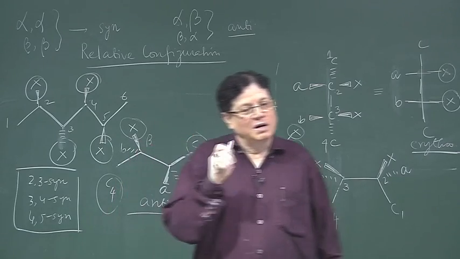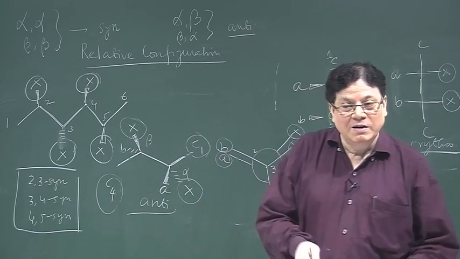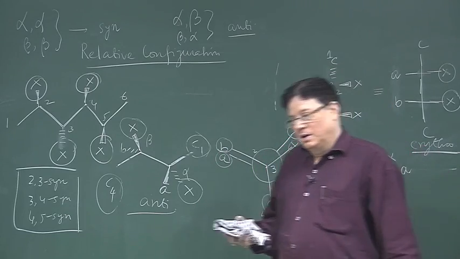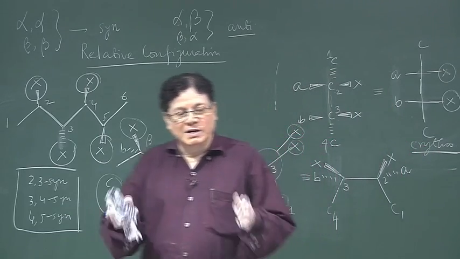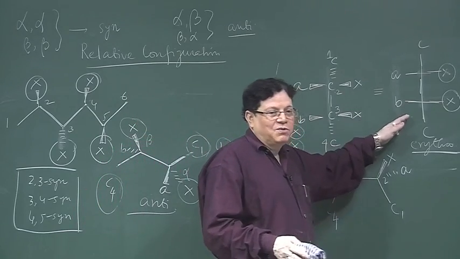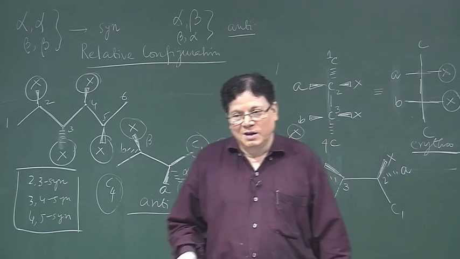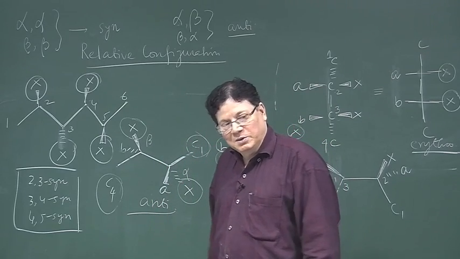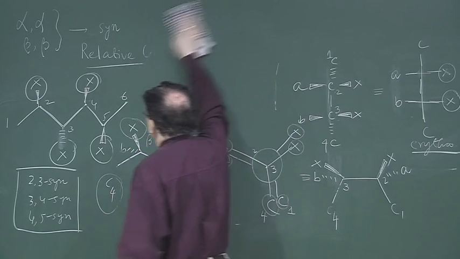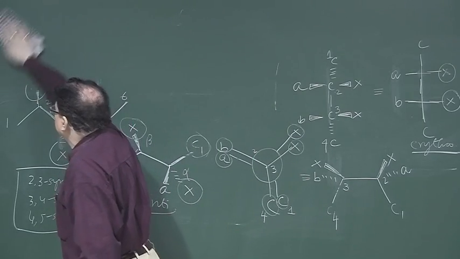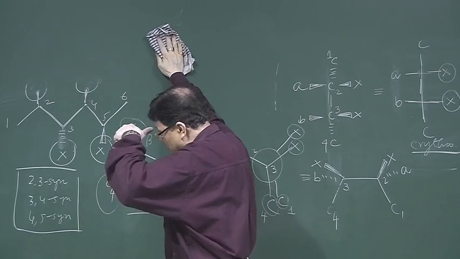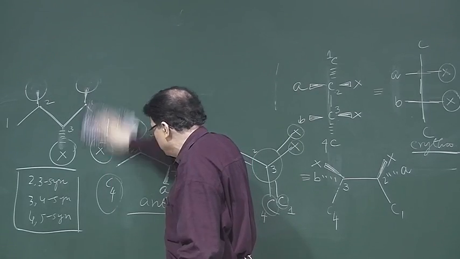So, that is the modern-day nomenclature. Threo-erythro is a very dangerous thing to consider now, because, as I said, it becomes exactly opposite: what is threo in the Fischer projection becomes erythro in the zigzag formula. So, our modern-day practice is to use the syn and anti relative configuration nomenclature for this type of molecules.